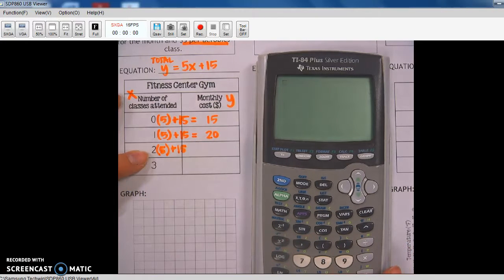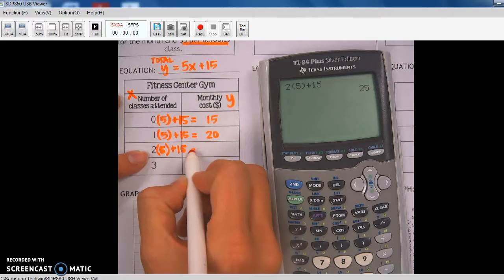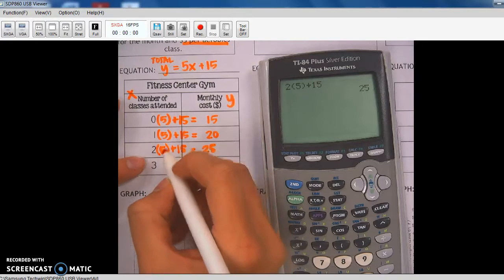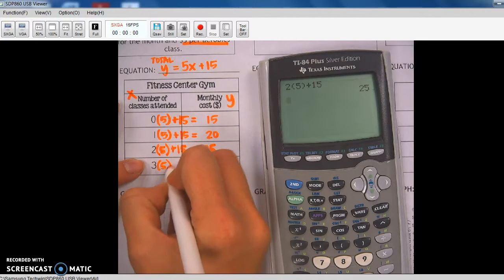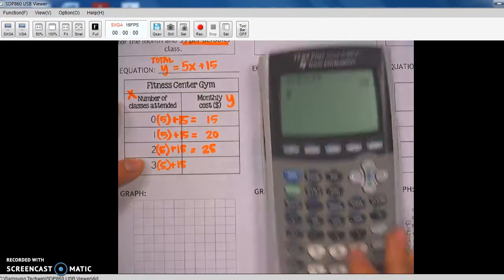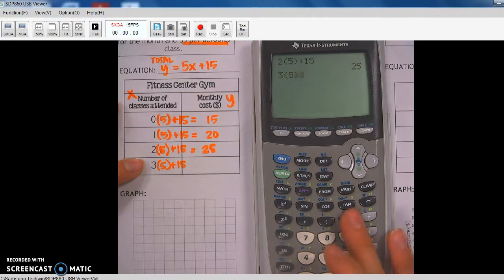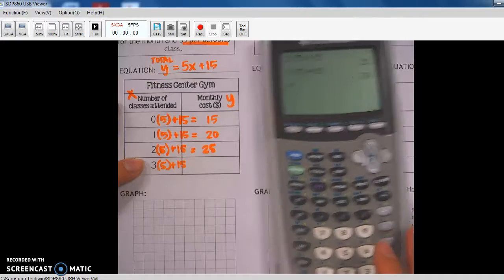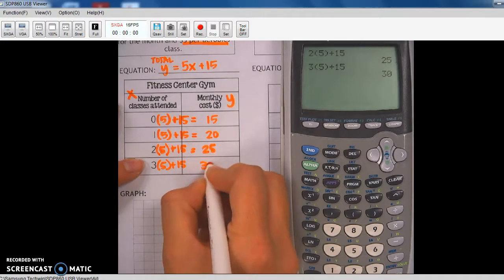So remember, you can type that in: 2, parentheses, $5 per class, plus 15, so she pays $25 for the month. Same thing for 3 classes. 3 times 5 plus 15 is going to be $30 for the month.